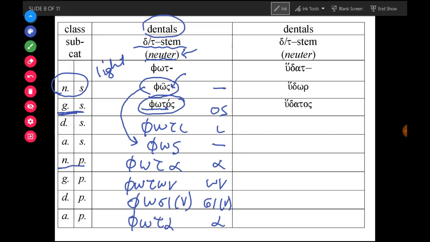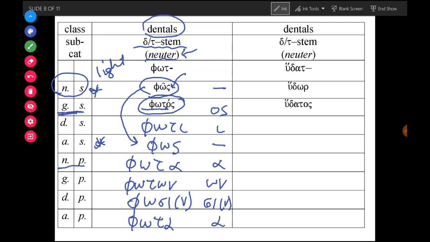So again, except for the nominative singular, and because the accusative singular are exactly the same for the neuter forms, the rest of the forms are something we would anticipate, given that the stem is phot, but the nominative singular form is phos, and that's something simply you would have to memorize as part of your vocabulary.